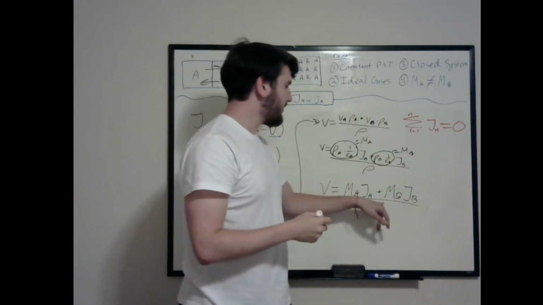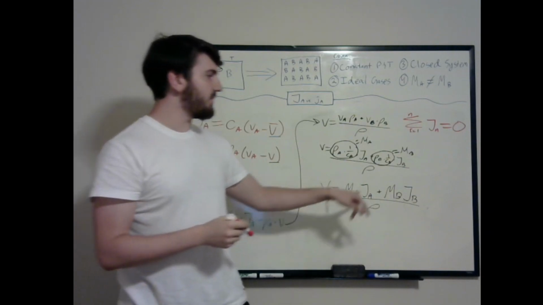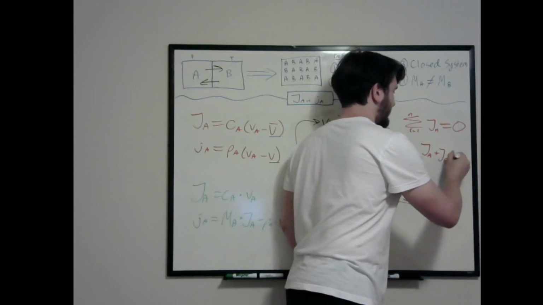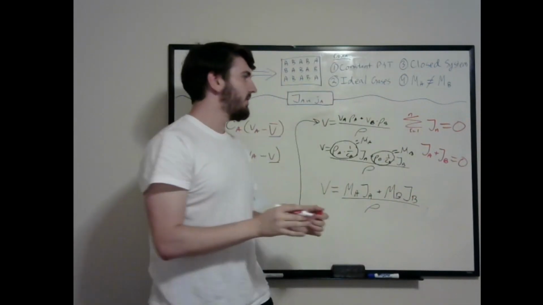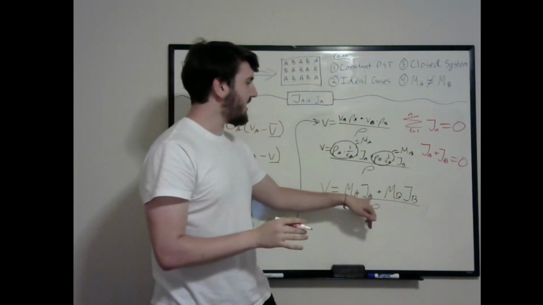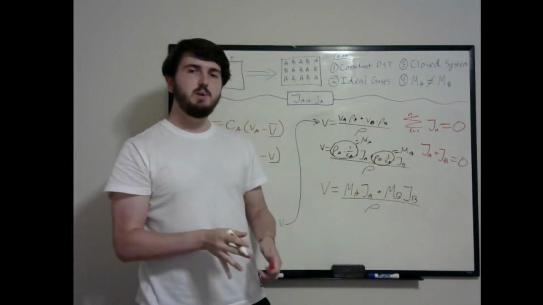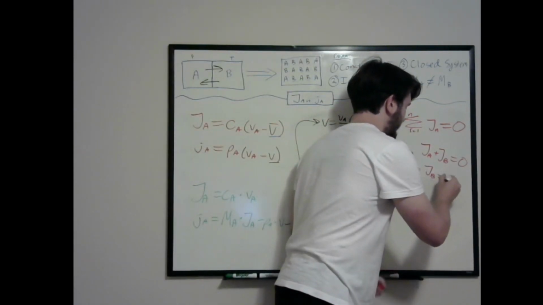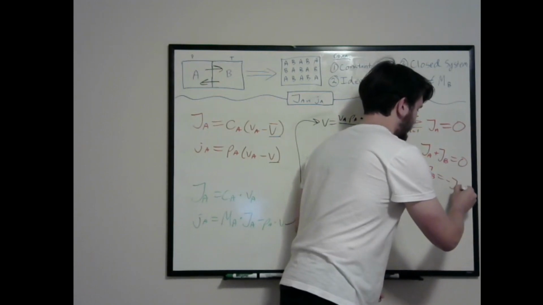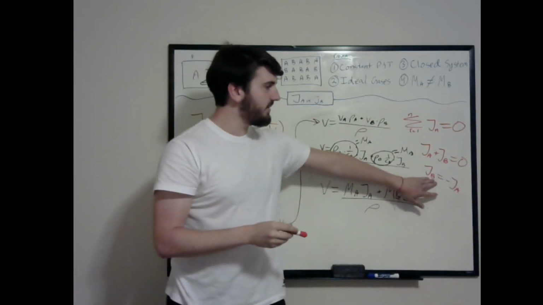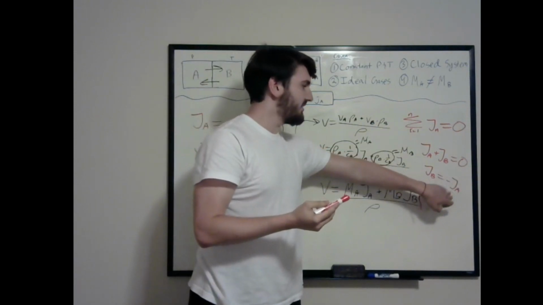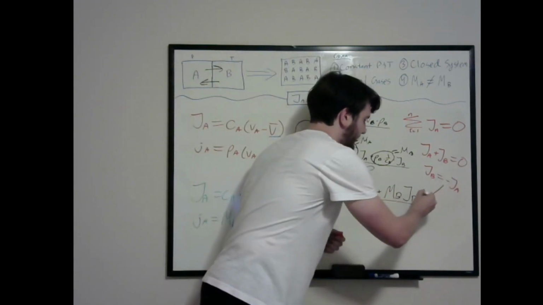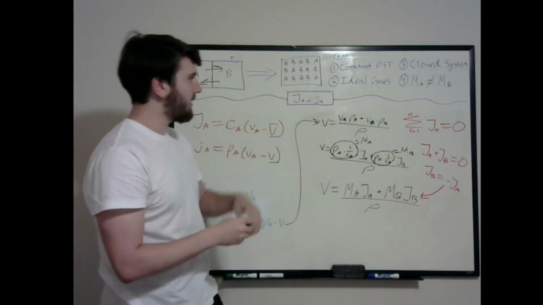Knowing that, the sum of the molar diffusive flux of A and the molar diffusive flux of B must equal 0. With that knowledge, we can find the molar diffusive flux of B, because all we have to do is subtract the molar diffusive flux of A, and we get that the molar diffusive flux of B, sorry for it being a little curved, is the negative of the molar diffusive flux of A. So we're going to go ahead and substitute that right into there. I'm going to rewrite it up top here.